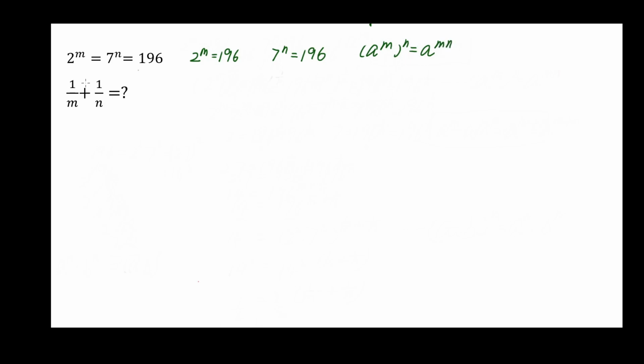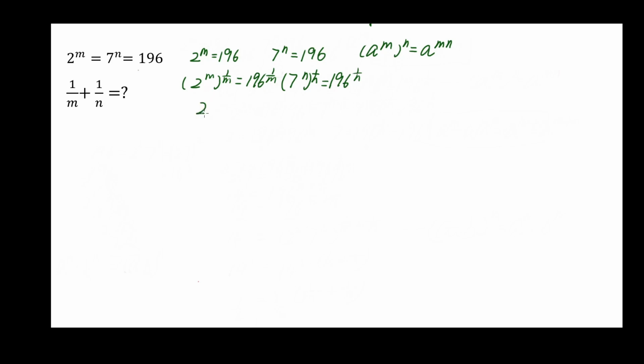So if we take the nth root on both sides of this equation, we can get it. 2 to the power m, also raised to the power 1 over m, equals 196 to the power 1 over m. 7 to the power n, also raised to the power 1 over n, equals 196 to the power 1 over n.